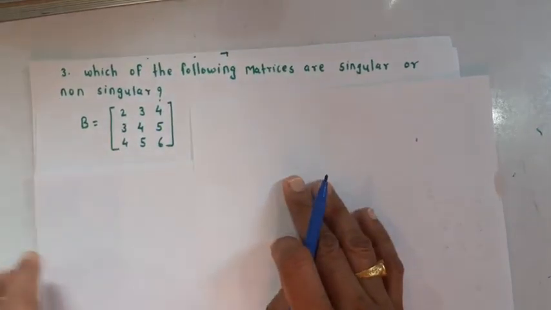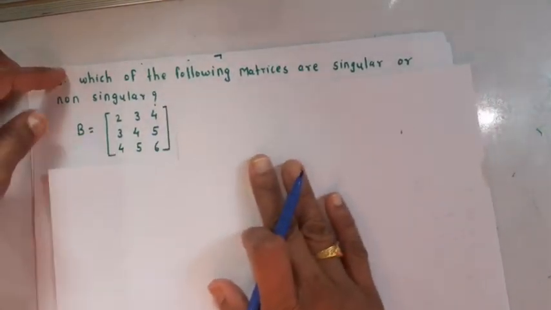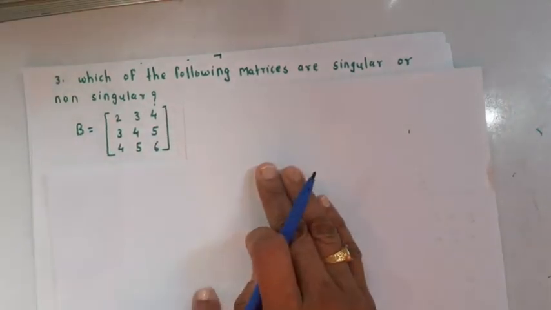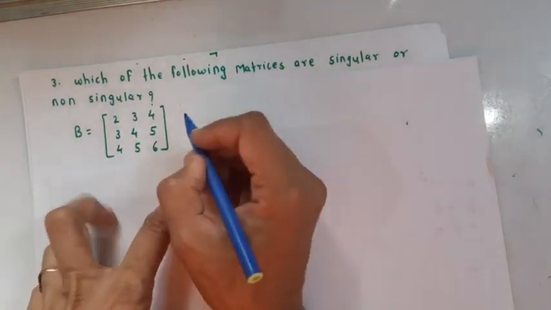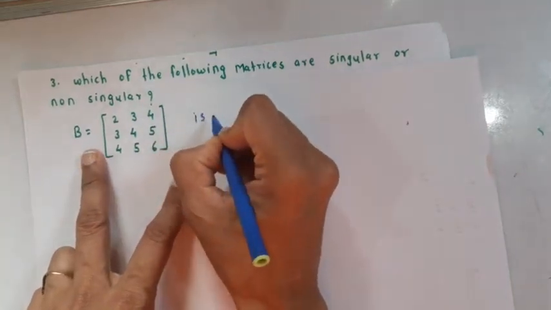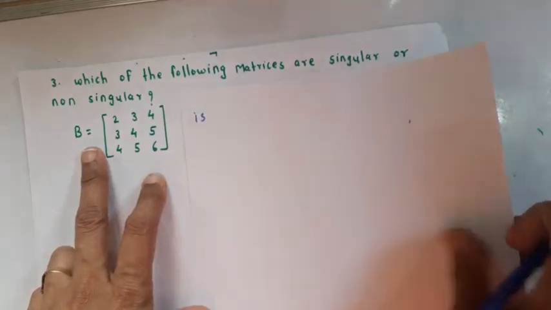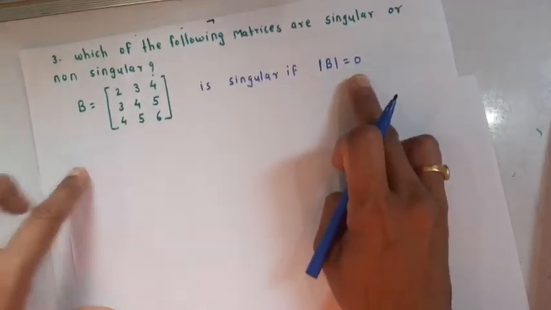Students, we have studied the singular matrix. What is meant by a singular matrix? A matrix is singular if its determinant value is 0. So matrix B is singular if the determinant value of B equals 0.